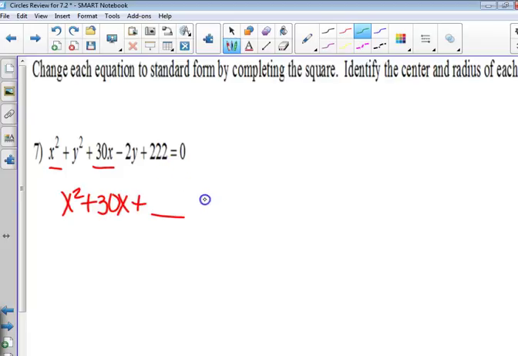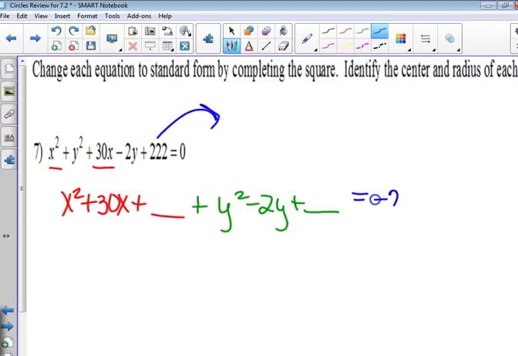Okay. Then we're going to go plus y squared minus 2y plus blank equals, I'm going to move this guy over the other side, so he'll become what? Negative 222, and I'm going to be all fancy and put plus a red blank plus a green blank. Okay.